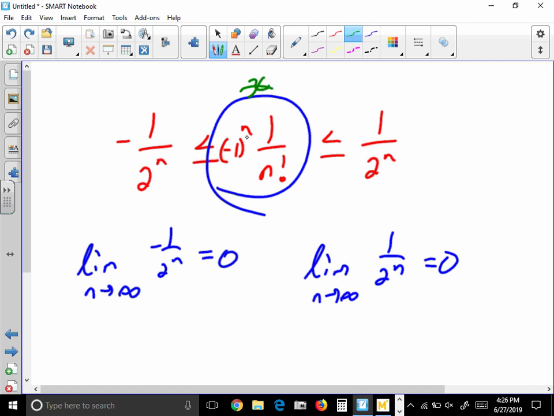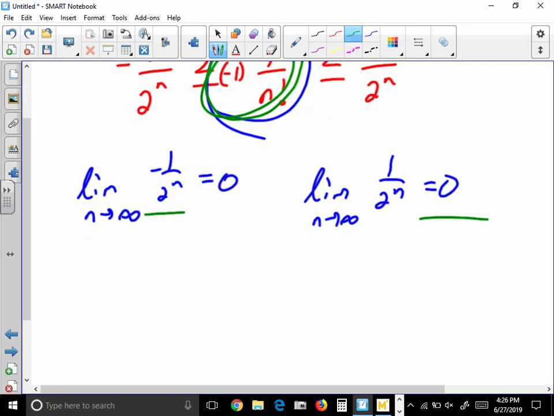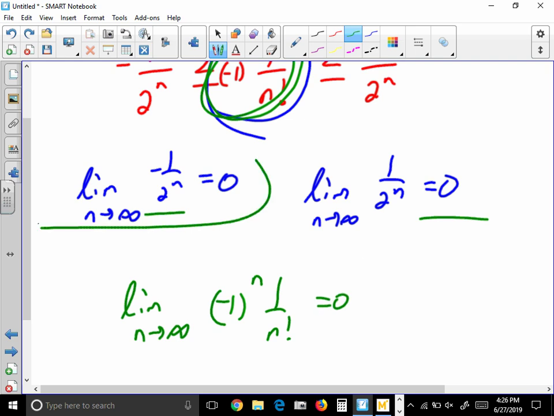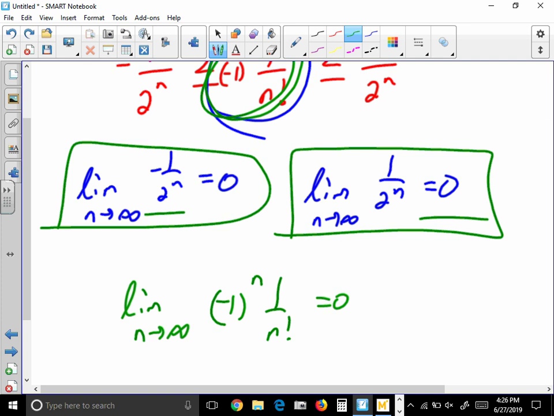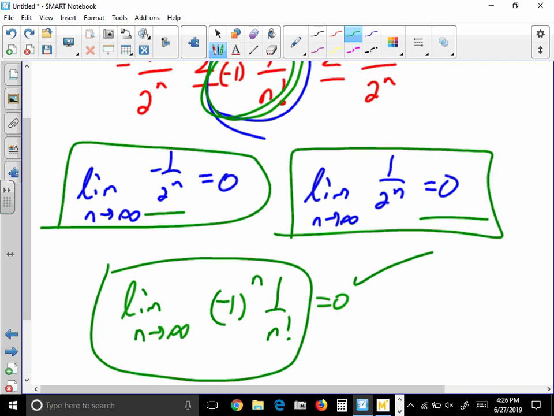We have shown that our sequence is always in between that one and that one. If those both go to 0, then what does that one have to go to? It has to go to 0 also, because something smaller than it and something bigger than it both converge to 0. This is always slap dab in the middle of them, so it has to go to the same thing as well.